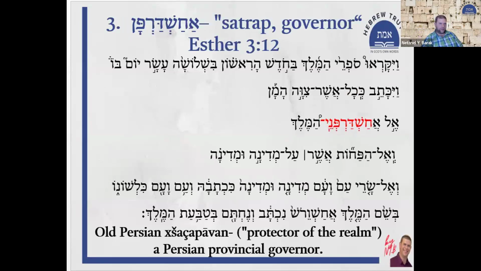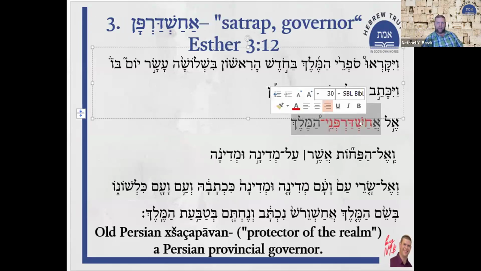Okay, let's read this verse, and I'll explain the phonetic connection that we've talked about to Achashverosh, but not the etymological one. So let's see this verse.